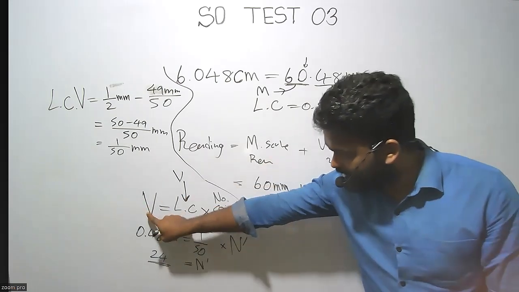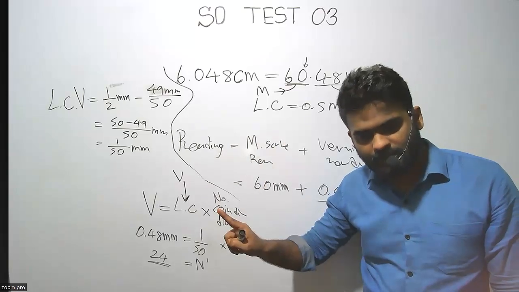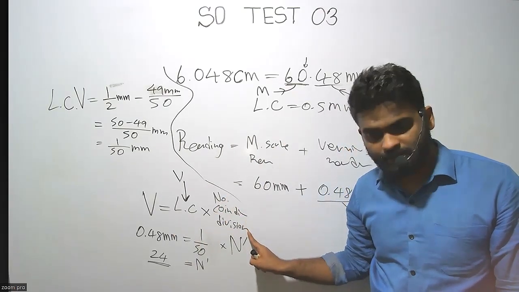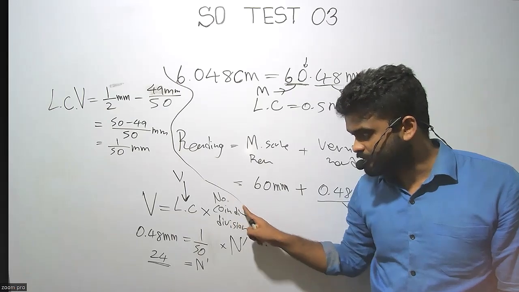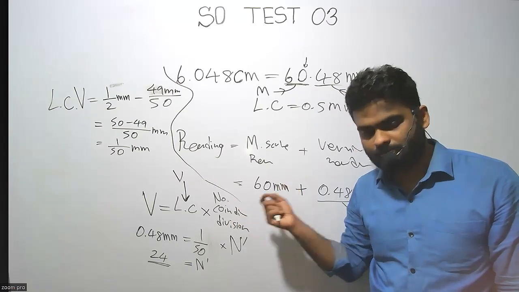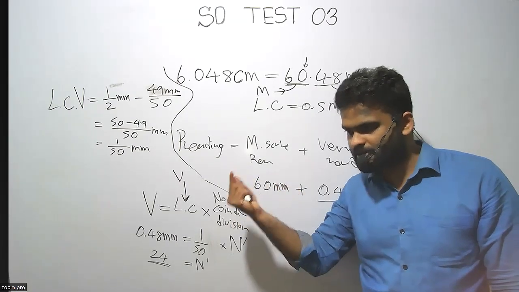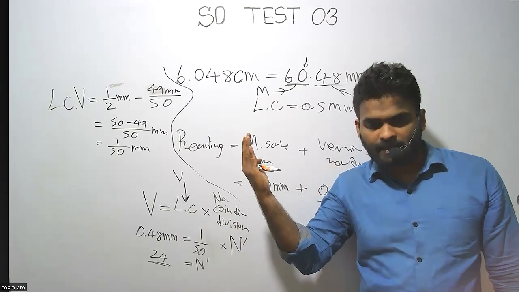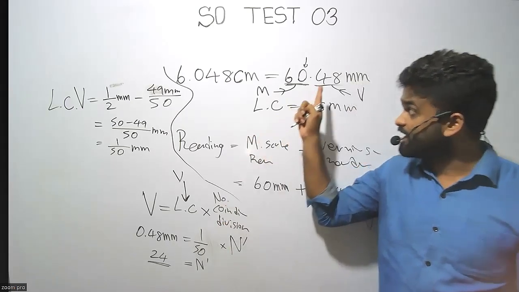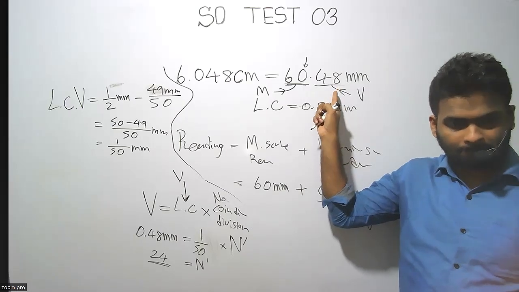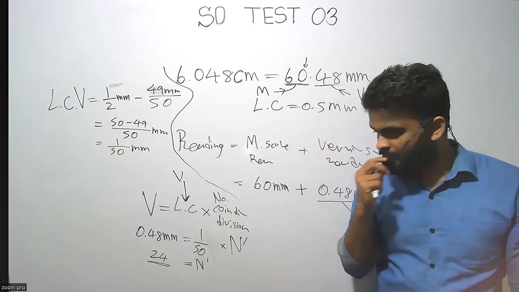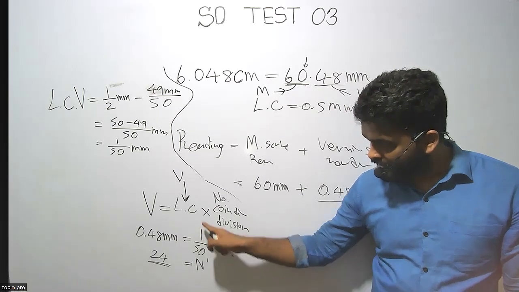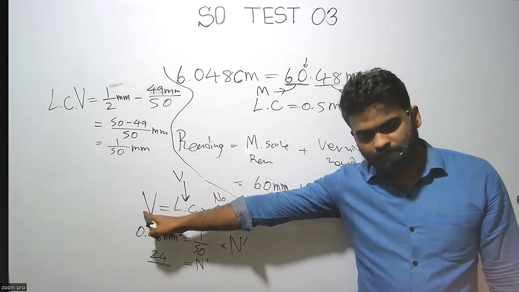We know that vernier reading is equal to least count times the number of coinciding divisions. So what they ask is actually the number of coinciding divisions. Which division could coincide with the main scale when you are taking this measurement? That's what they ask. So I'll say that n dash. So n dash is equal to the vernier reading divided by the least count.